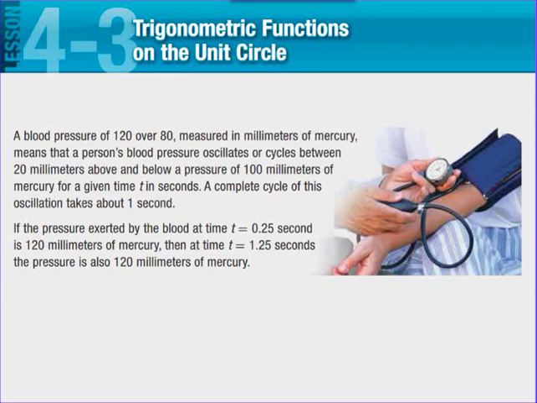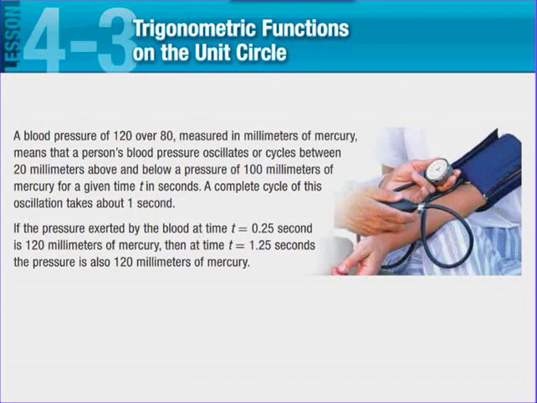A complete cycle of this oscillation takes about 1 second. If the pressure exerted by the blood at time t equals 0.25 seconds is 120 millimeters of mercury, then at time 1.25 seconds, the pressure is also 120 millimeters of mercury.